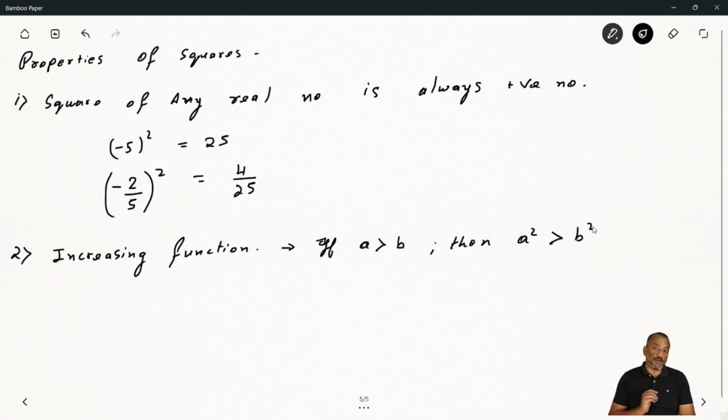For example, 5 is greater than 4, so the square of 5 is also greater than 4 square: the square of 5 is 25, and the square of 4 is 16. So if a number is greater, then its square is also greater. So that is called the increasing function.